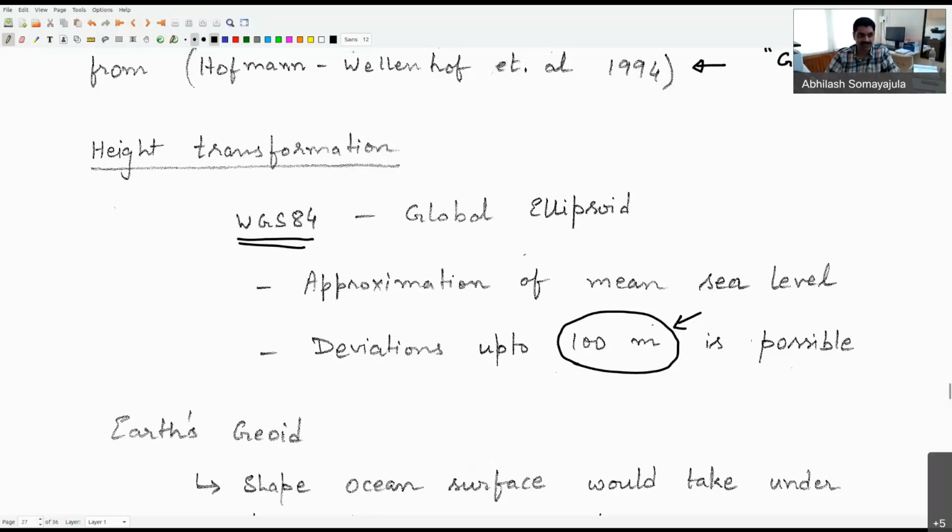So these sorts of things need to be corrected in order to get the correct value of the mean sea surface level, and that we do by considering the Earth's geoid instead of the ellipsoid WGS 84. So the initial computation is done using the WGS 84 ellipsoid, but we have to correct it using the Earth's geoid.